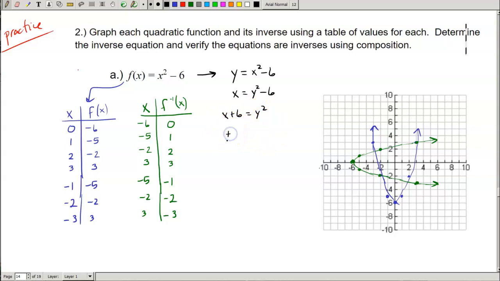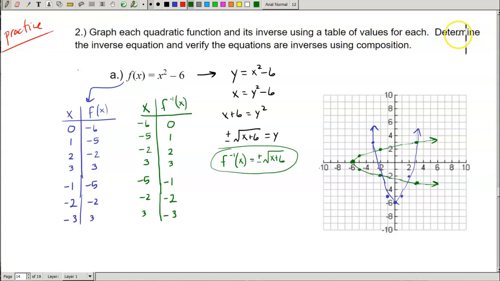So I'm going to have plus or minus the square root of x plus 6 equals y. And since I started in function notation, f of x, I'm going to write this as f inverse of x equals plus or minus the square root of x plus 6. And since everything is in green for that one, I'm going to put that in green, and there's my inverse equation.